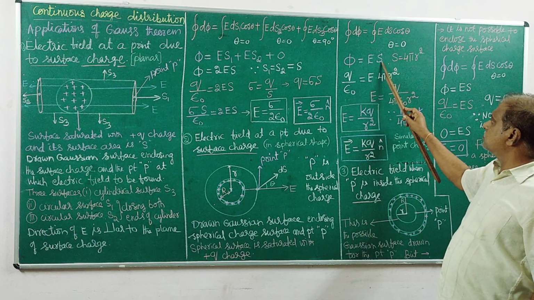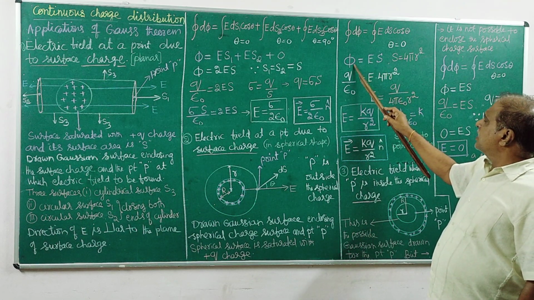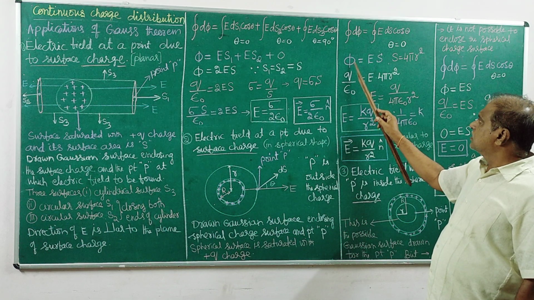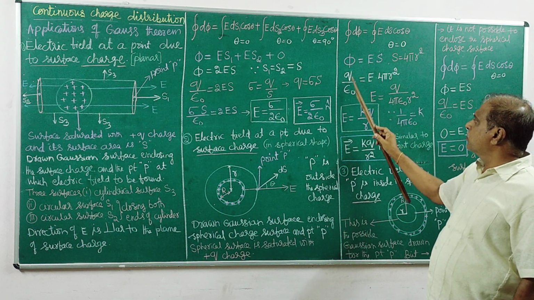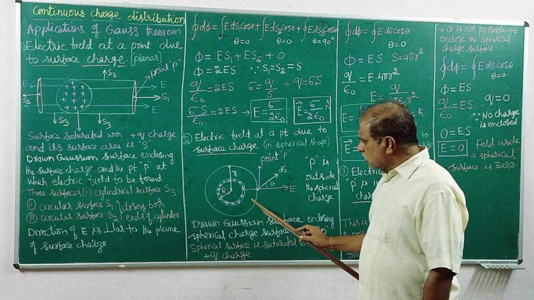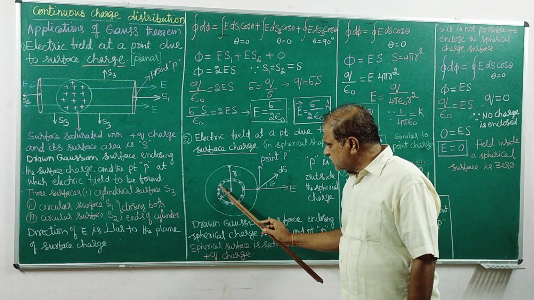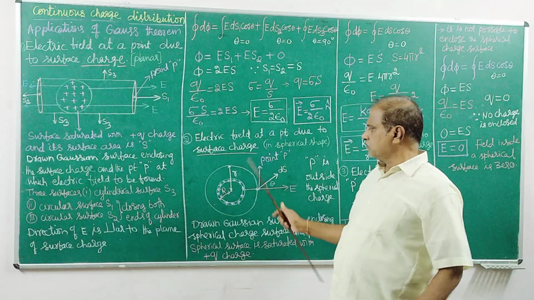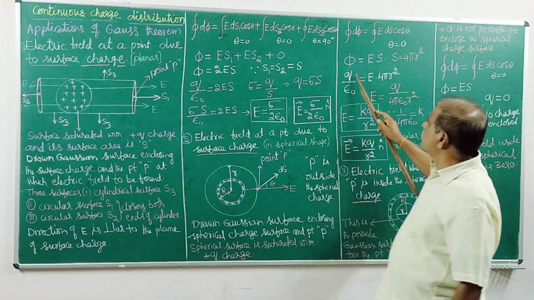Substitute for this and apply Gauss's theorem. For a closed surface, this flux is equal to Q divided by epsilon naught. What is Q? Q is the total amount of charge distributed on this entire spherical area.